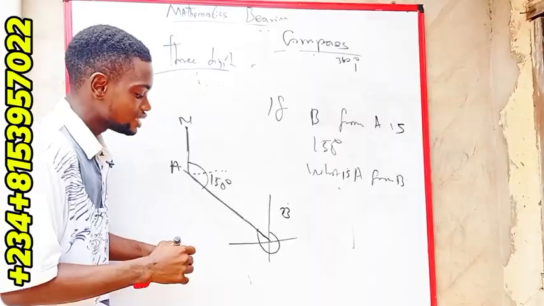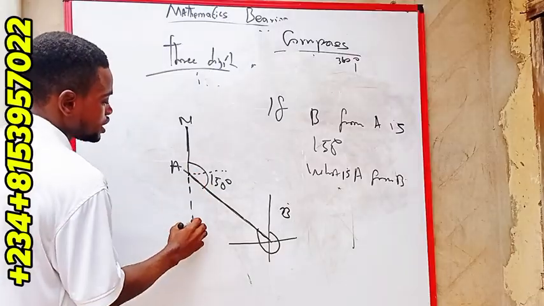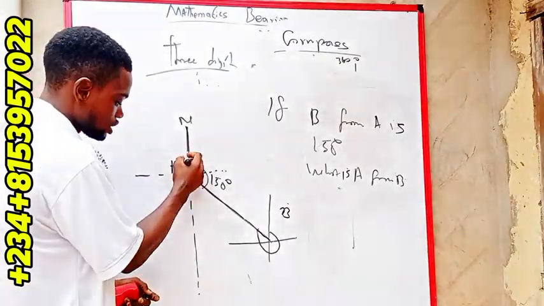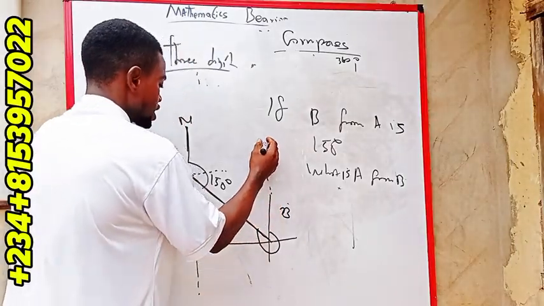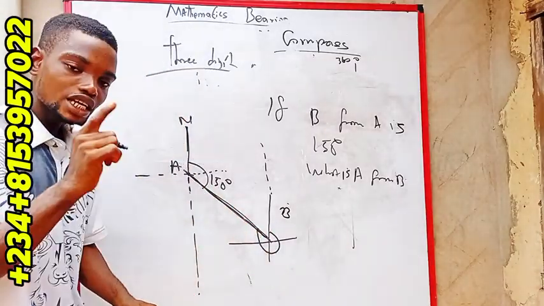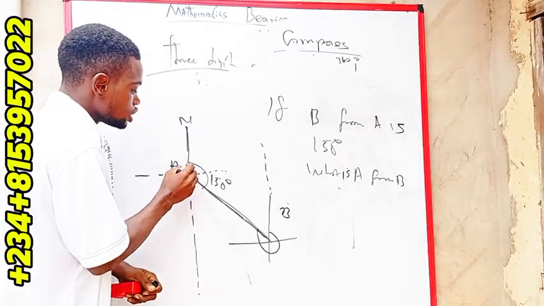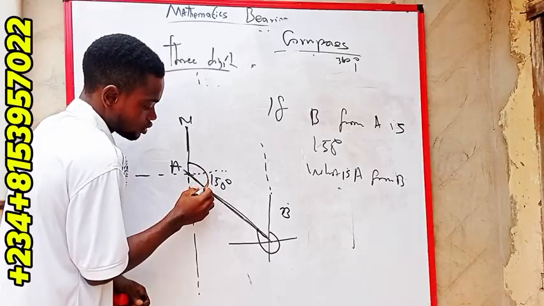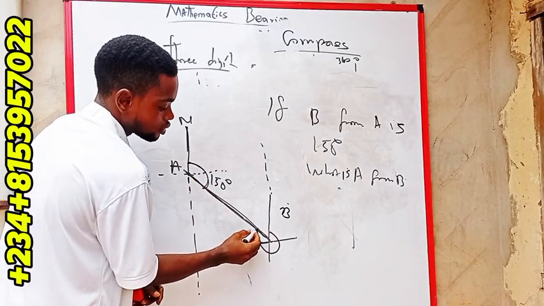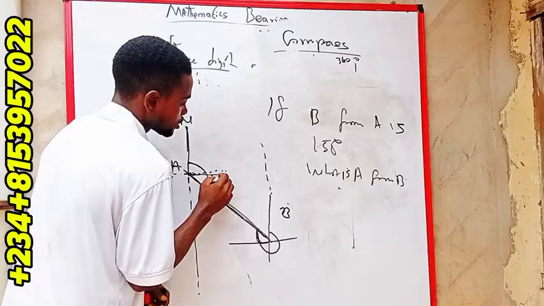Now, how can we get this angle over here? Remember, these lines are always parallel. If I extend this line here, remember this is coming like this, though I did not put it, and extend this line here, these will become parallel. This now becomes a transversal. But there is something you have to know. Not all this angle is going to alternate to this angle here. Remember, there is a line here.